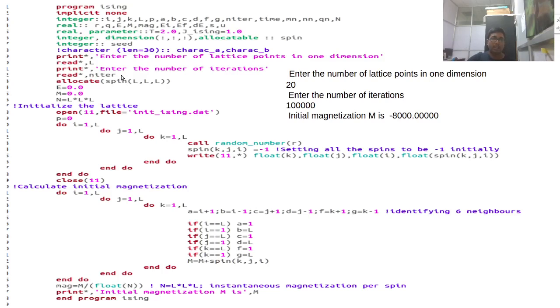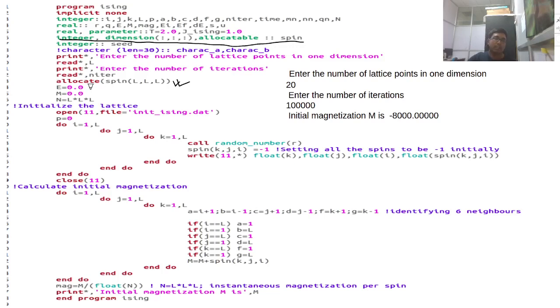So let's say you have this print star, which will tell the command prompt to ask for the number of lattice points in each dimension, and that will be read as capital L. You can also enter the number of iterations, and that will be read by the code as NITER. Then you are taking an array which will be three dimensional. This integer dimension line says that spin will be a three dimensional array, empty at first, and in each dimension you will have capital L elements, so L cubed elements in total.